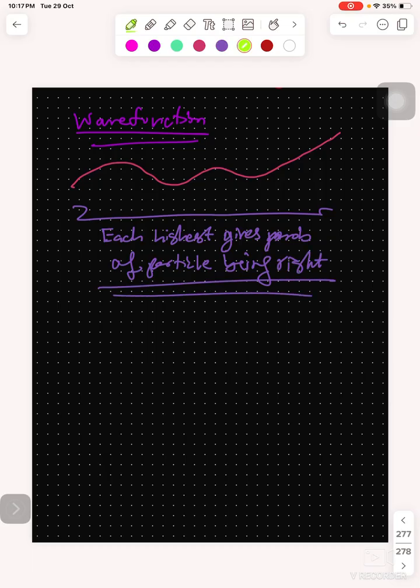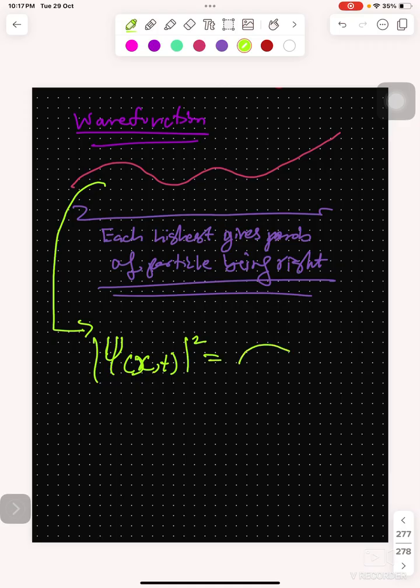So how do we get the highest probability? When we observe it, the wave function will break and we'll get one point. This is the highest point, high, low.